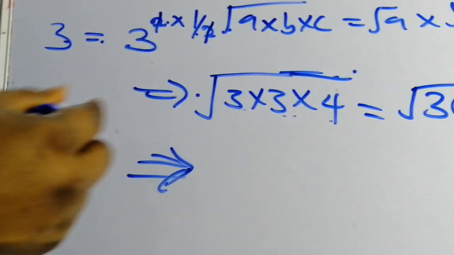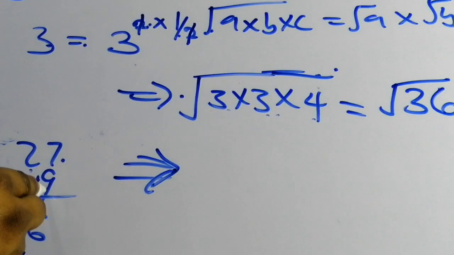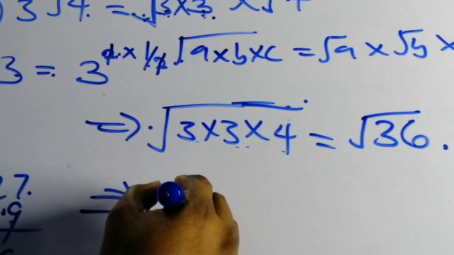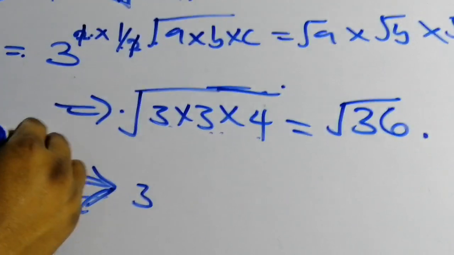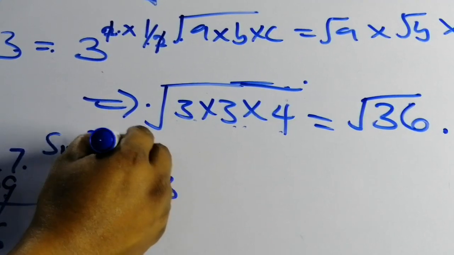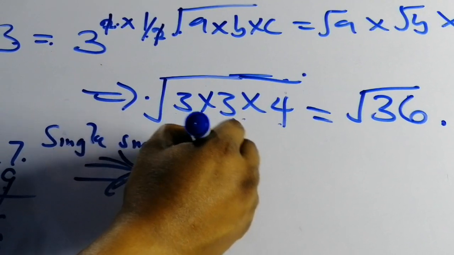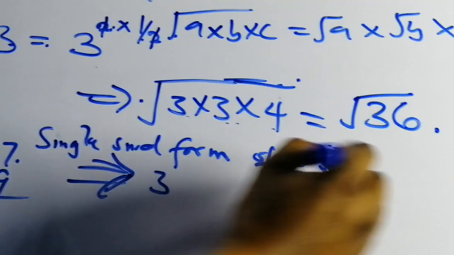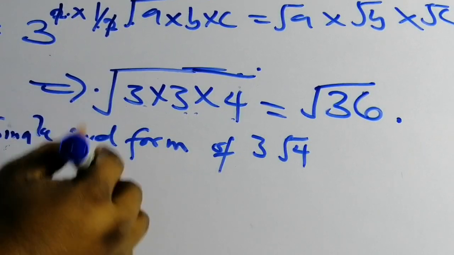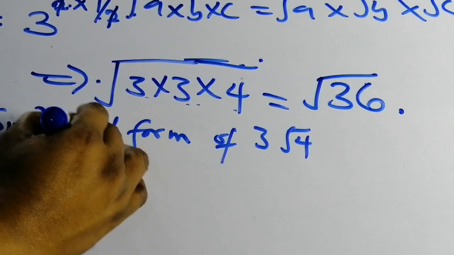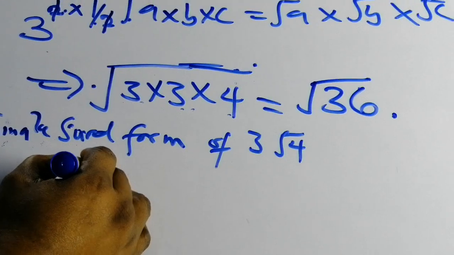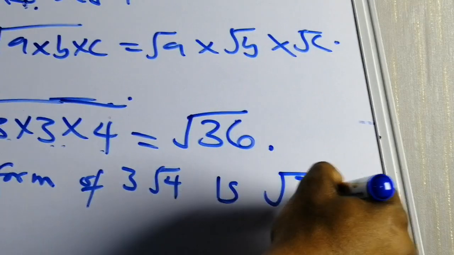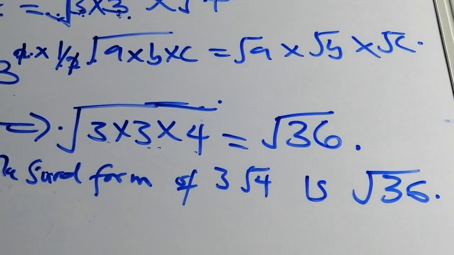I know 9 times 3 is 27, and I'm adding another 9 to this, so that will give me 36. Which implies that the single surd form of 3 root 4 is root 36. Okay, that is very clear.